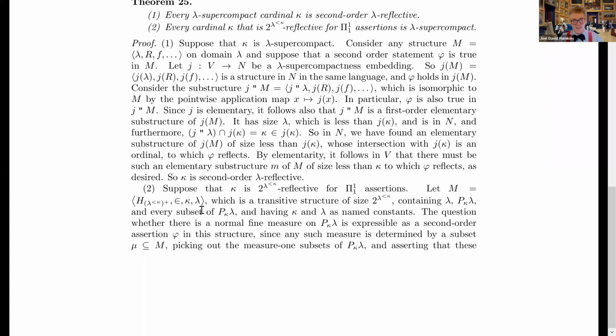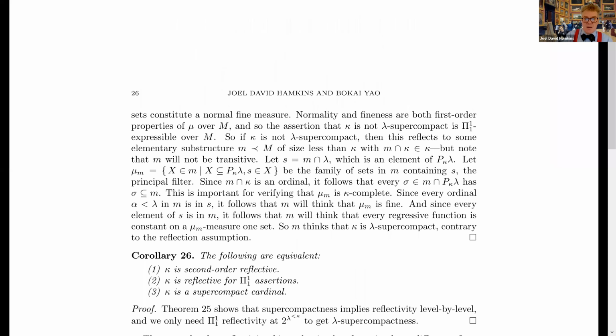But being normal and fine in this structure are first order assertions about the predicate, because you already have all the subsets and all the functions. All you have to do is say the fineness property, that for every alpha, the set of sigma that contain alpha is measure 1, but that's just a first order assertion over that structure about what the measure 1 sets are.